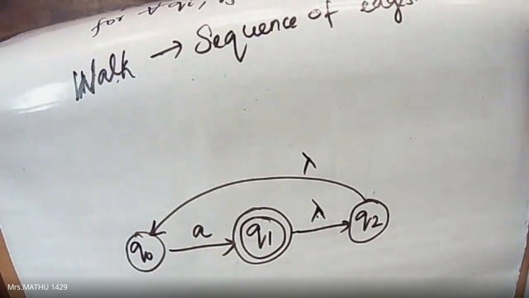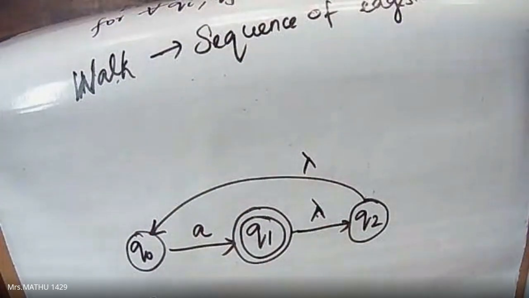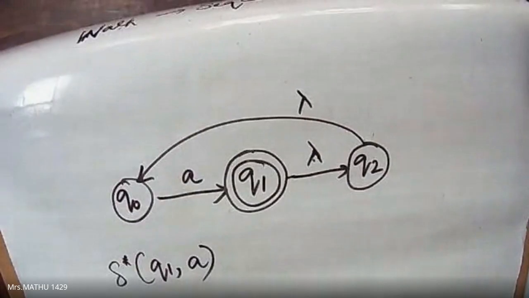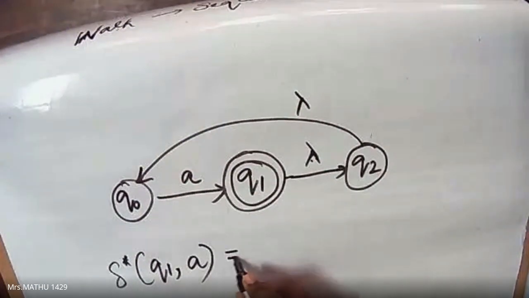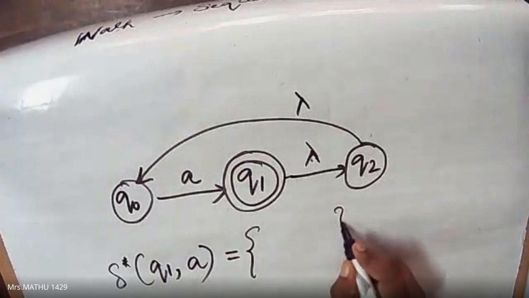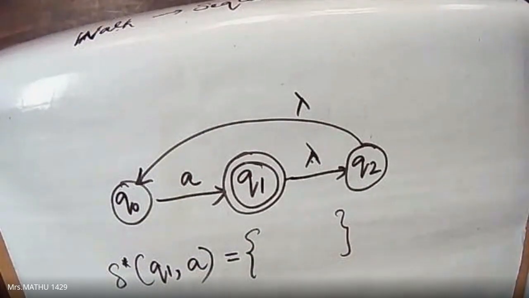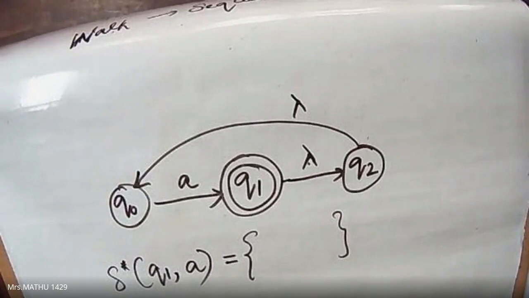This is the problem we have taken. Now what is asked is delta star of Q1 comma A. We want to find the set of output states for this particular transition function.